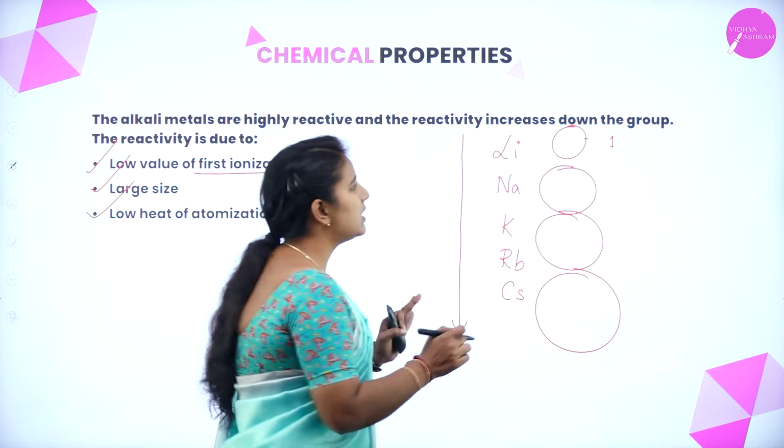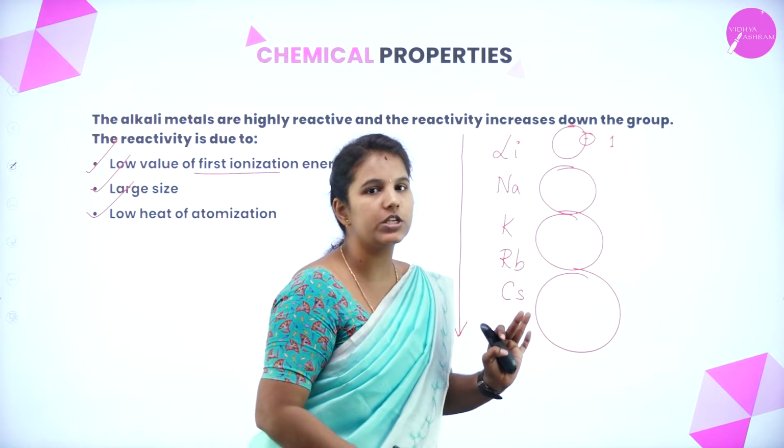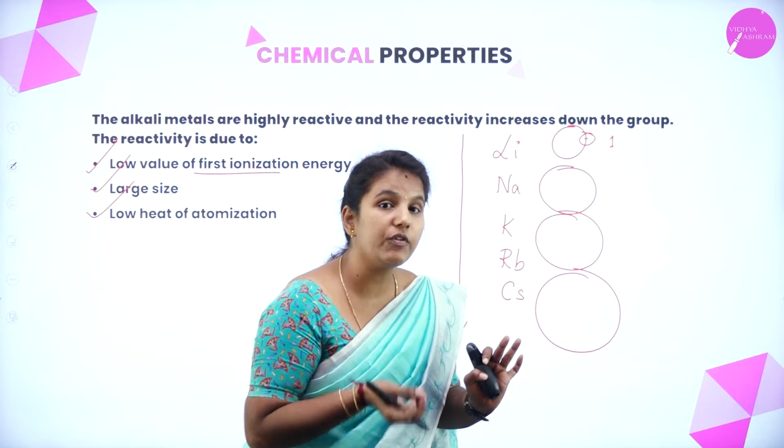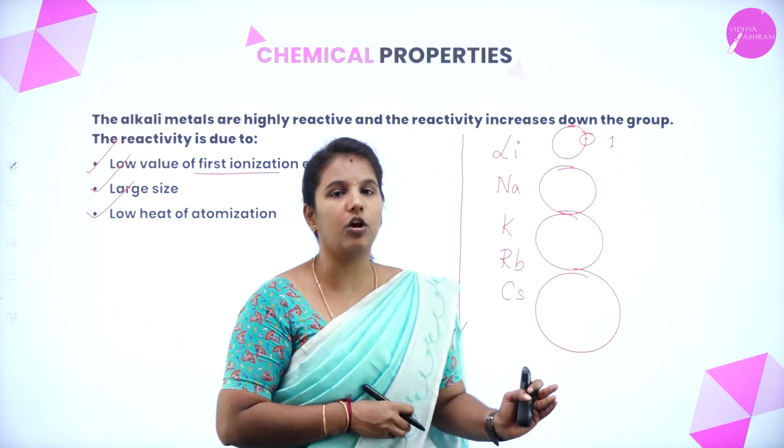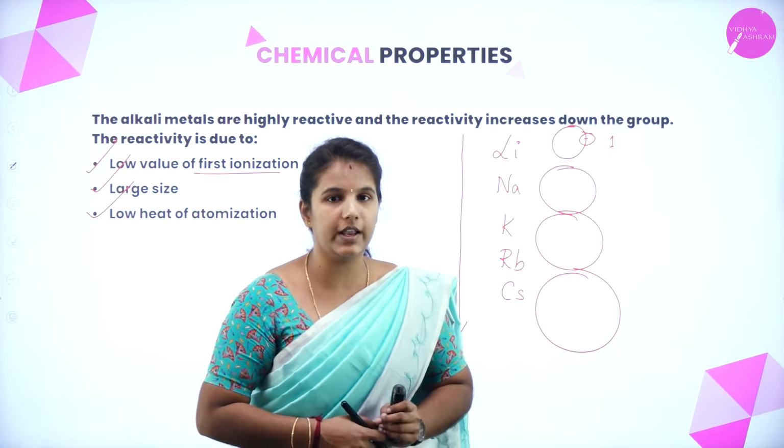So it is very easy to remove the electron present in the outermost shell, but it is very difficult to remove the second electron because the atom attains a stable electronic configuration.